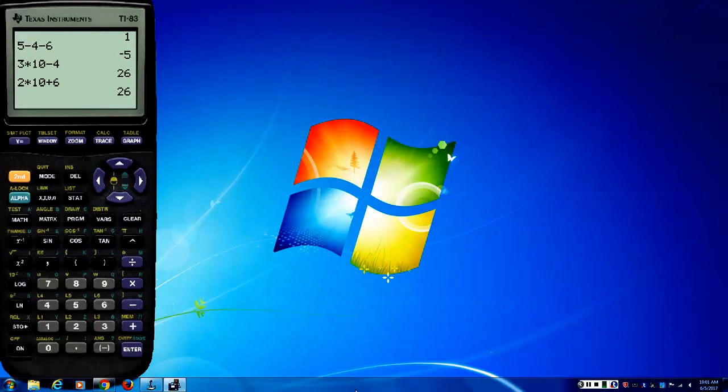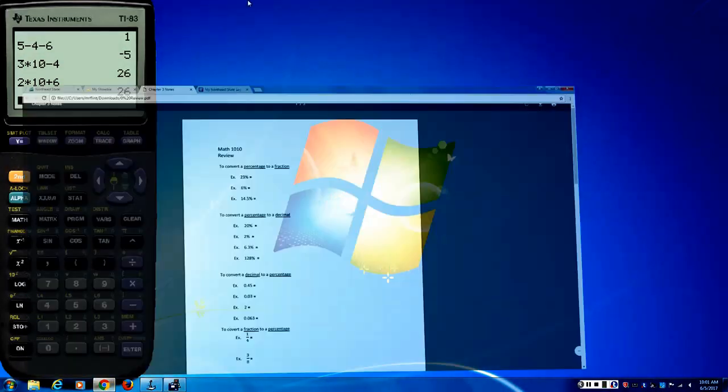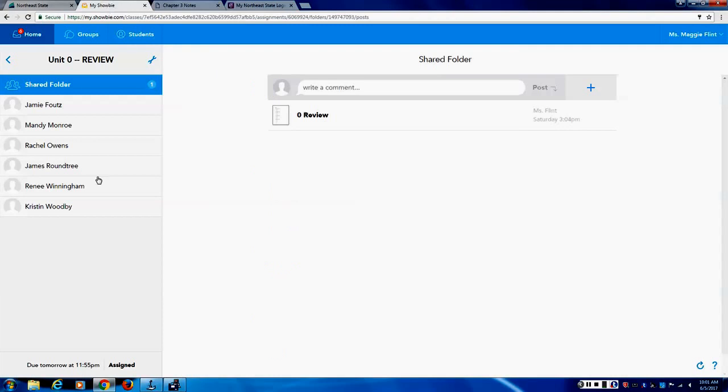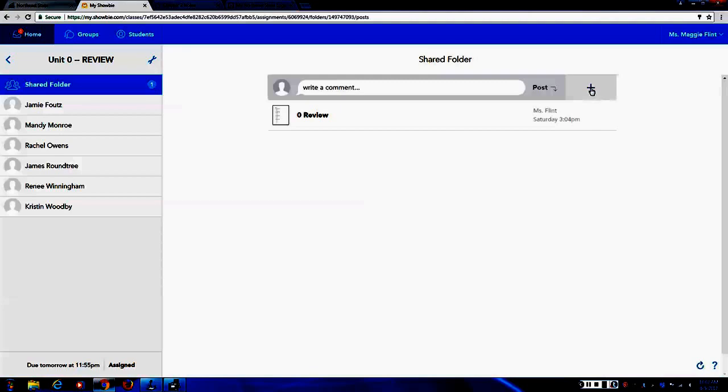Once you've got those pictures, go to Shobi and go into your folder. And at the top, now this shared folder is my folder, okay? You'll have a folder that has your own name on it. When you're ready to submit this, what you do is you click this plus sign, because that's the way it looks on a computer for you too.